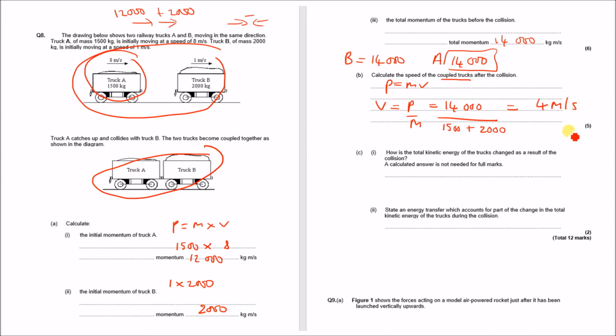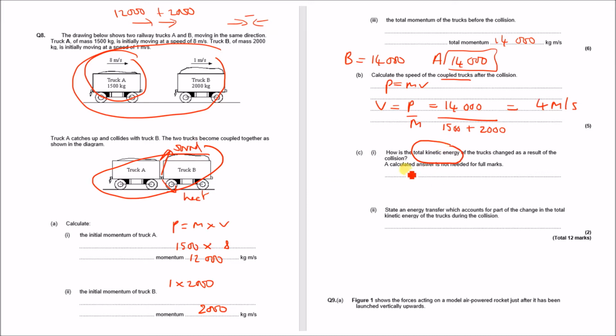Okay, how is the total kinetic energy of the trucks changed as a result of the collision? A calculated answer is not needed for full marks. Well, we know the kinetic energy of the trucks must decrease. Why must it decrease? Because when they collide, you're going to get energy given out. There's heat and sound.